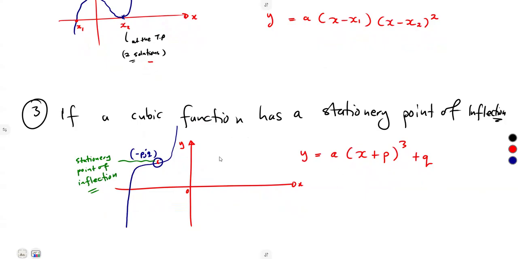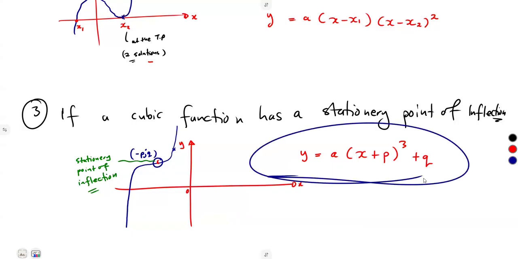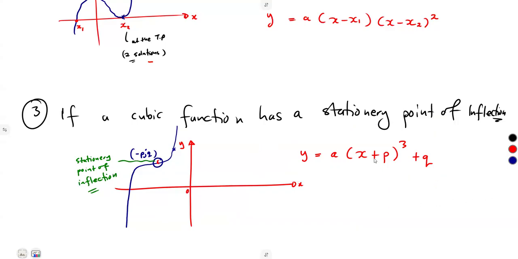The y value representing q remains as it is. So this is what you're going to need. To find the value of a, you're going to need another point on the graph besides the stationary point of inflection. Then you can expand your brackets if you are told to do so. Sometimes they will just give you a question, then write your answer in this form. So you simply have to leave your answer in this format as it is, all right?